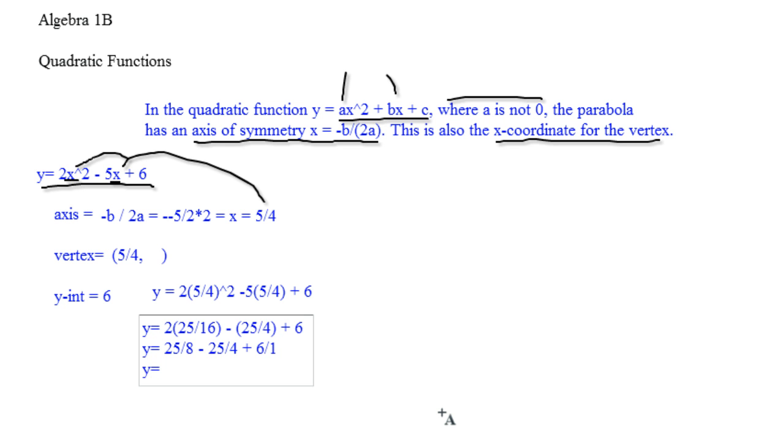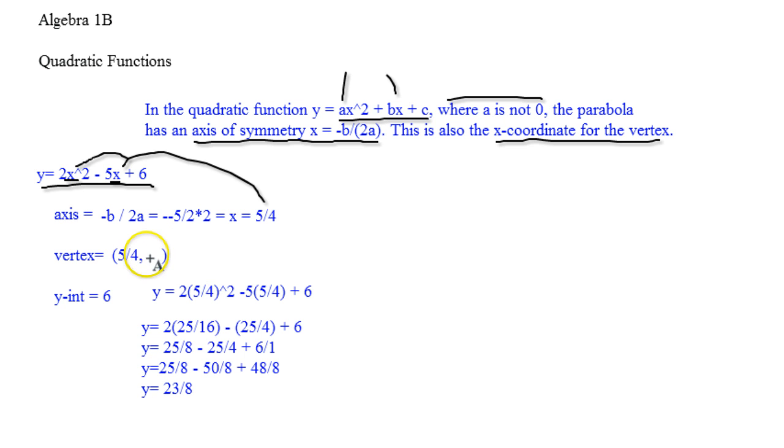So y equals 25/8, right, minus 50/8 plus, and then, let me see, I need to multiply by 8, so that would be 48/8. Okay, and as you can see, they're all common denominators, all right? And 25 minus 50 is negative 25, plus 48 is 23. So y is equal to 23/8.